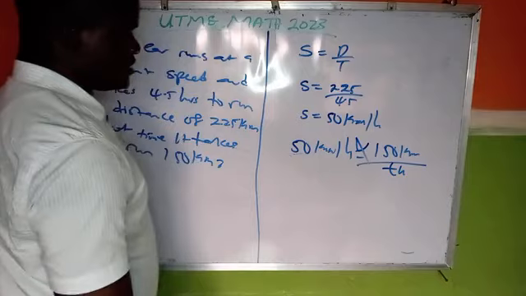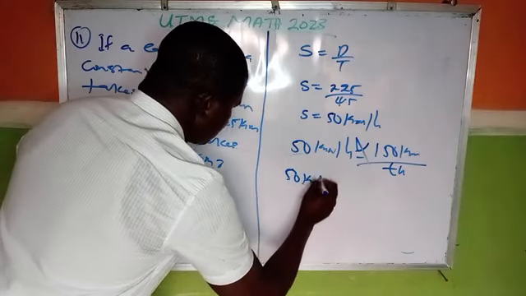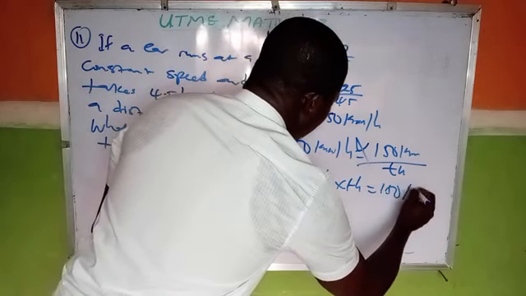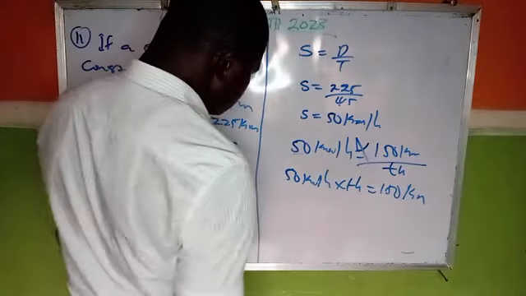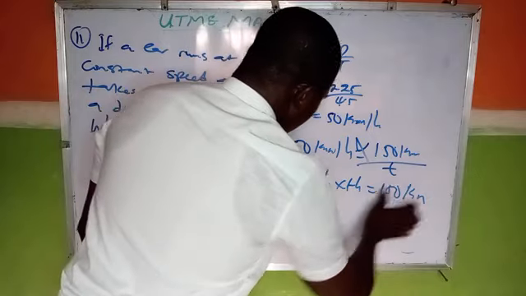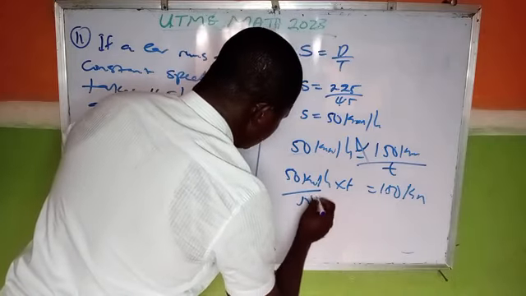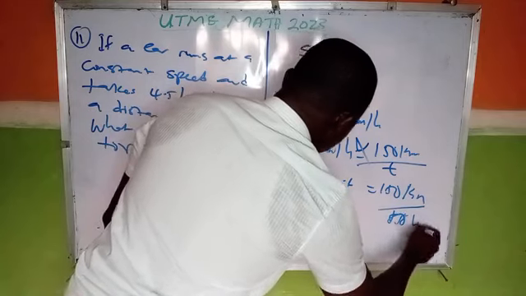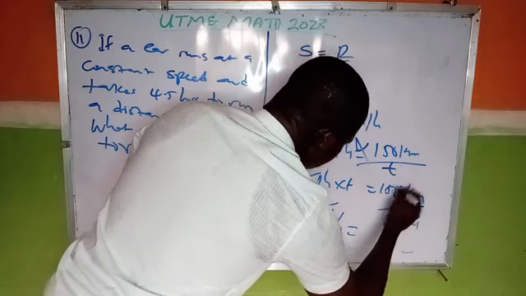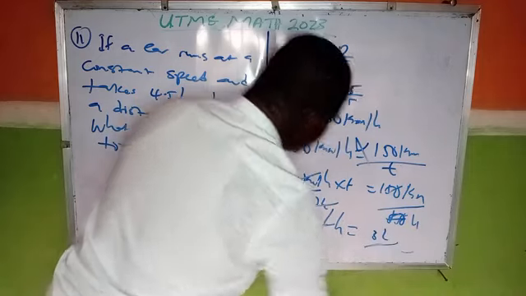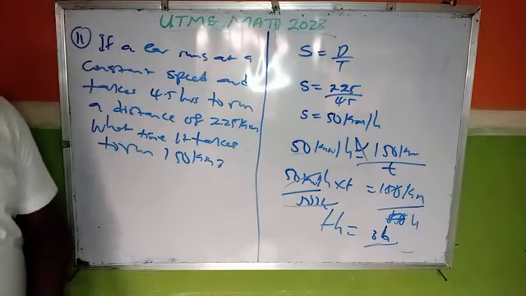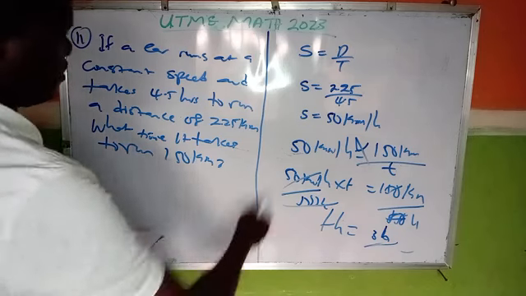Therefore, if you cross multiply, you will have 50 kilometers per hour times t hours, which is equal to 150 kilometers. So you divide both sides by 50 kilometers per hour. This cancels this, leaving time in hours, and 150 divided by 50 is 3 hours. So it will take 3 hours to run that.